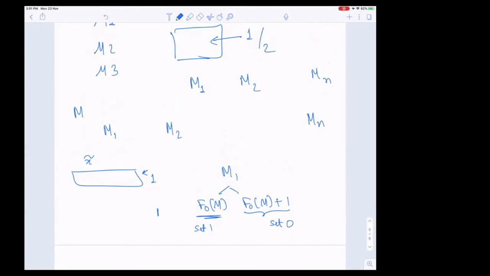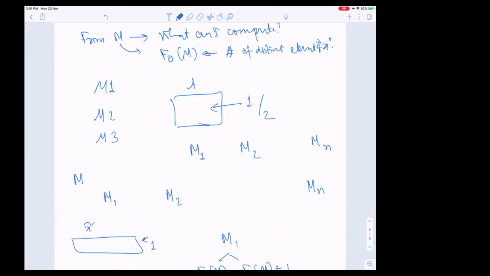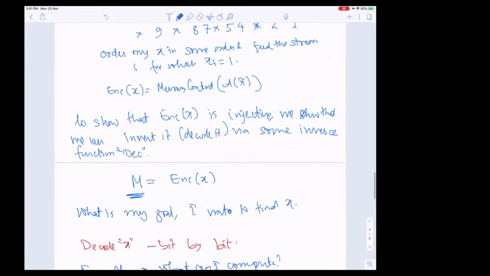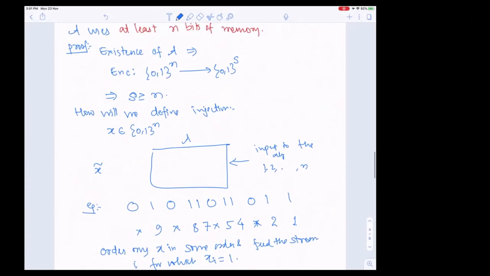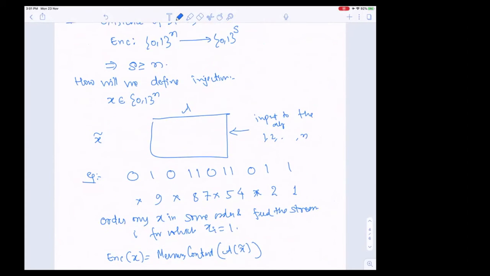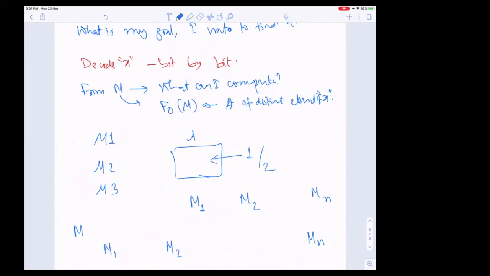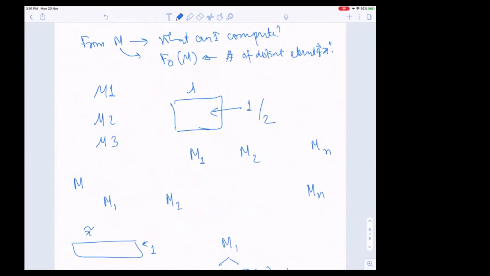Notice this way of decoding. What we have been able to show because of this is that two different strings of X cannot map to the same string in Y, because if their memory content were the same, we could not distinguish between those two different strings.